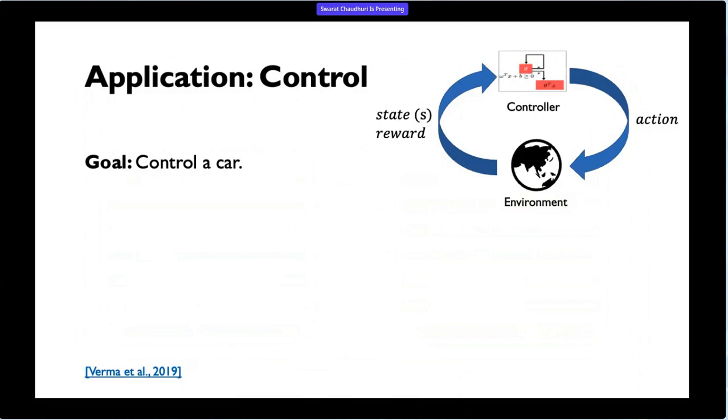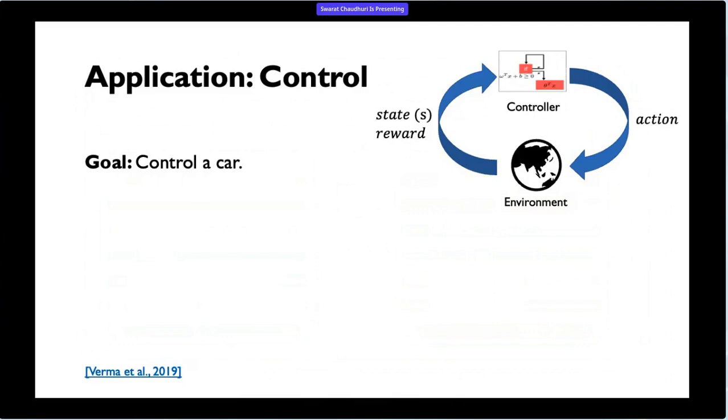This is an application from the space of control where we think that neurosymbolic methods have a lot of natural applications. So here, imagine that your goal is to control a car. And the way this car is set up is that you have this controller and it is interacting with this environment.